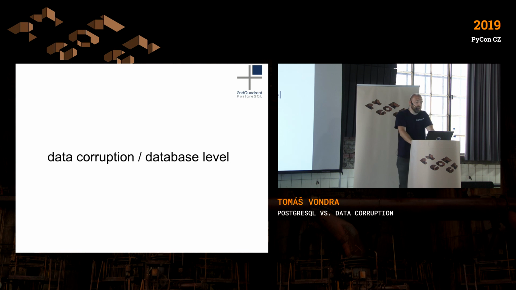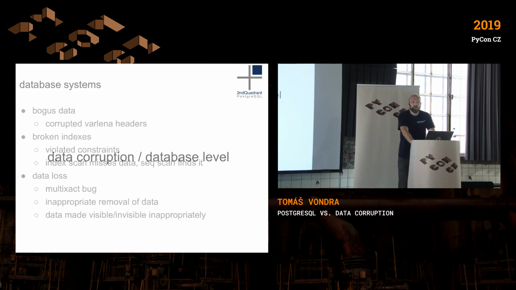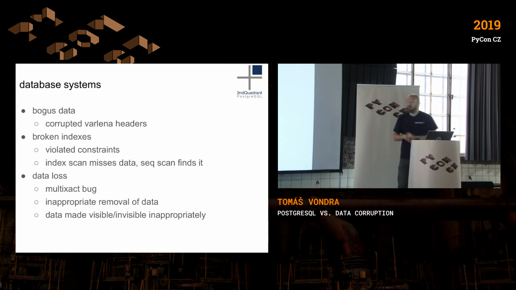Right. So you could also have data corruption at database level. It could be bogus data, violated constraints, or whatever. Those are typically caused by storage level data corruption issues. We had pretty bad cases of data loss due to handling of transaction state.